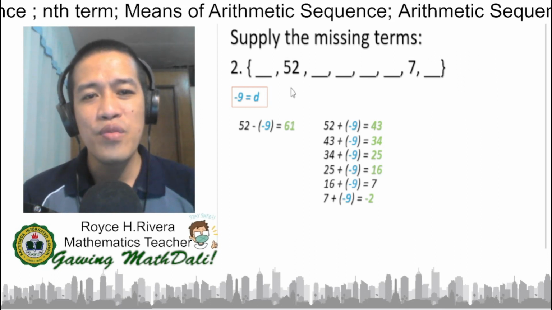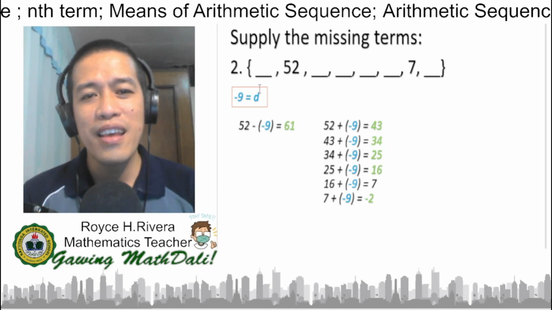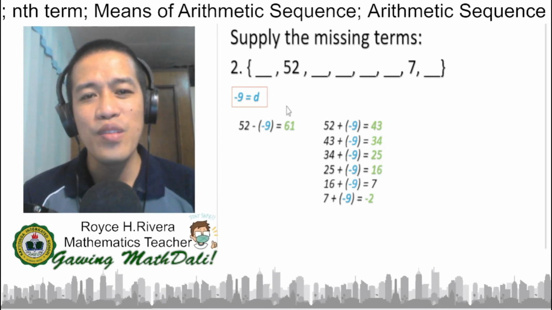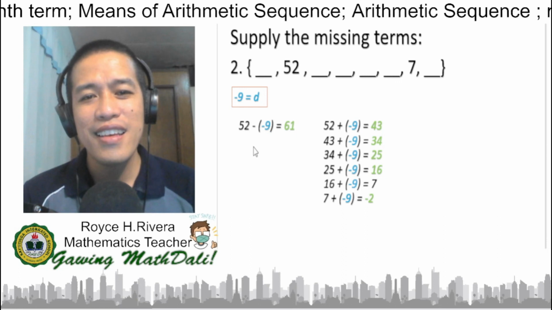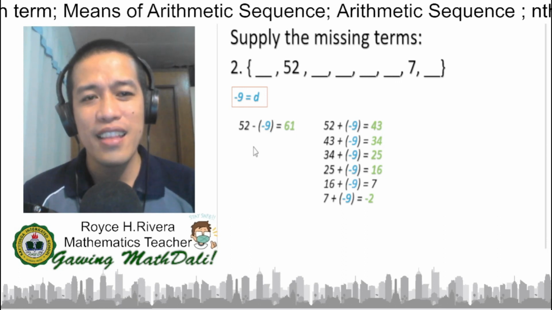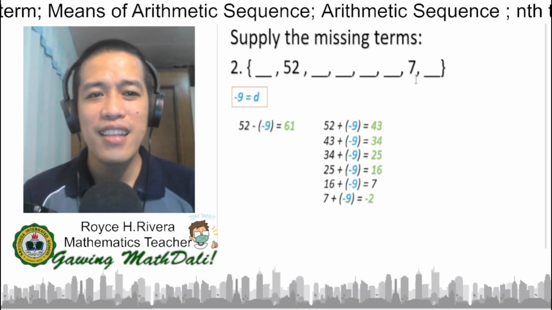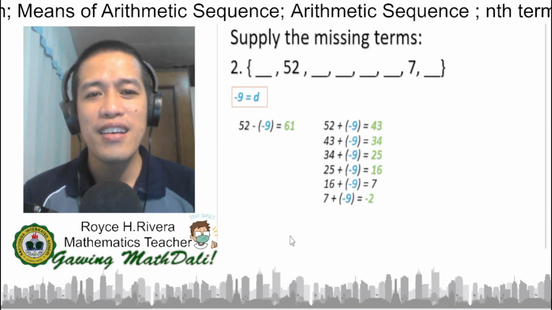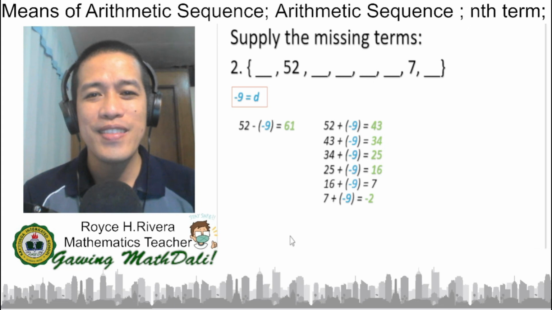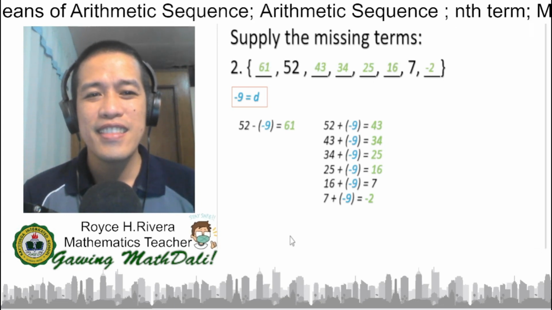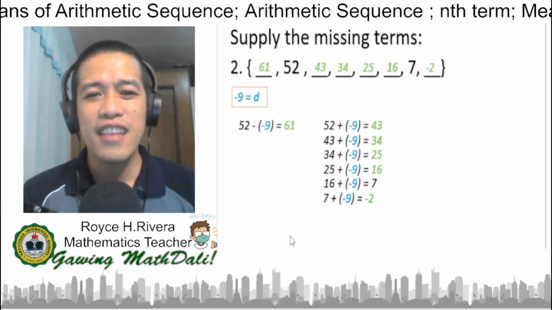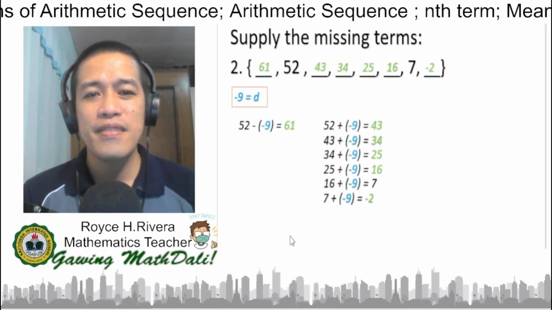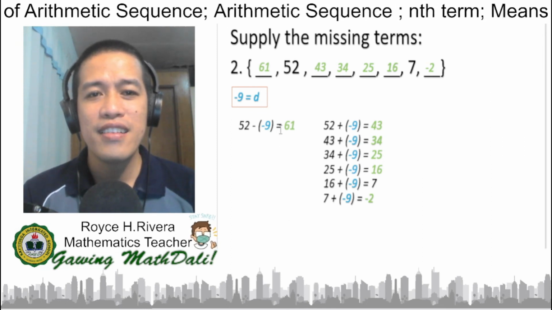From 52 going to the left, we need to subtract negative 9. Papunta sa kanan, addition. Papunta sa kaliwa, subtraction. Ayan, eksakto. Subukan ulit natin.